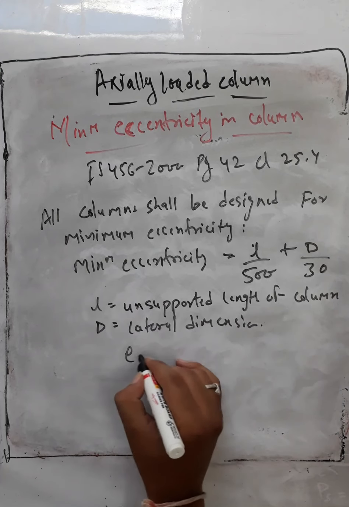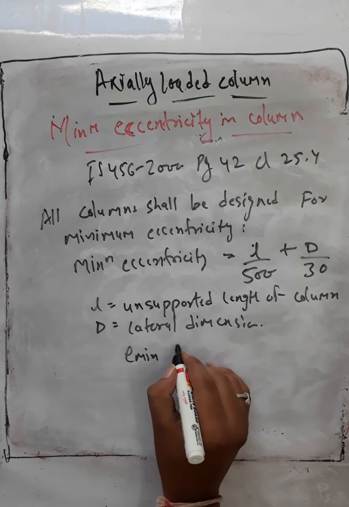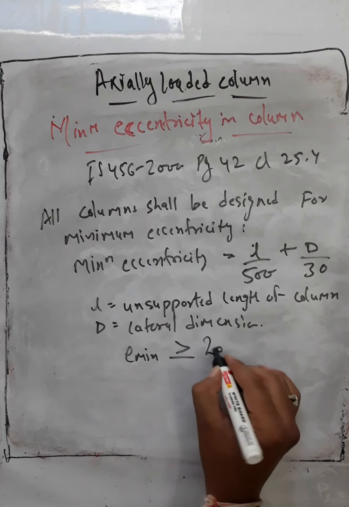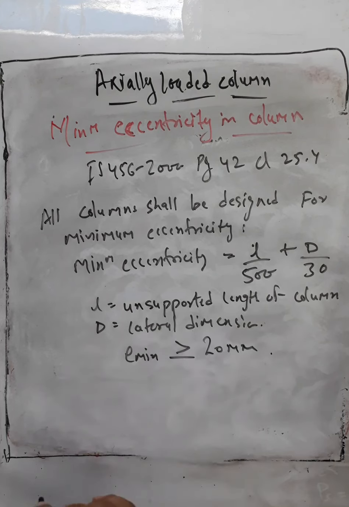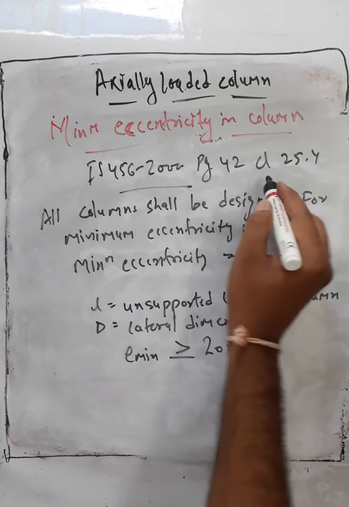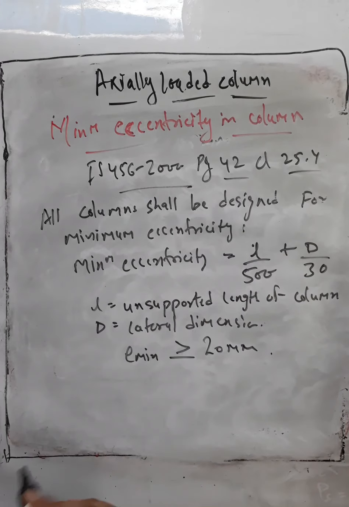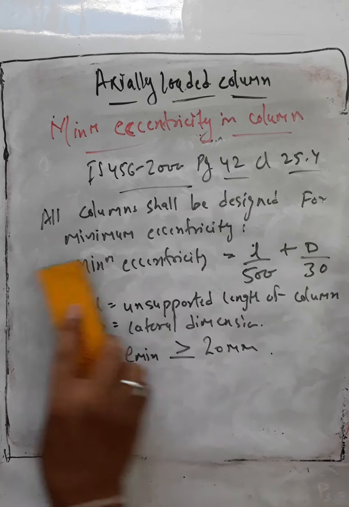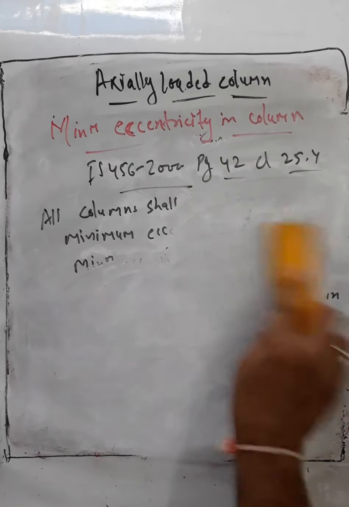Okay, and minimum eccentricity should not be less than 20 mm. So this criterion is given in IS 456 2000 page number 42 clause number 25.4.